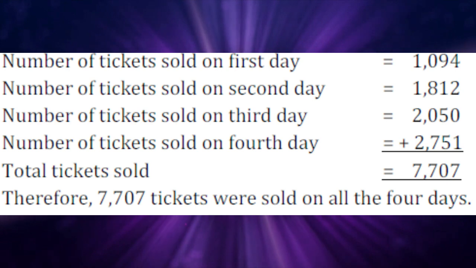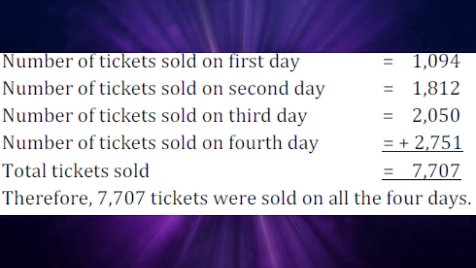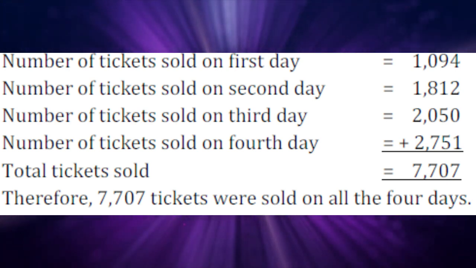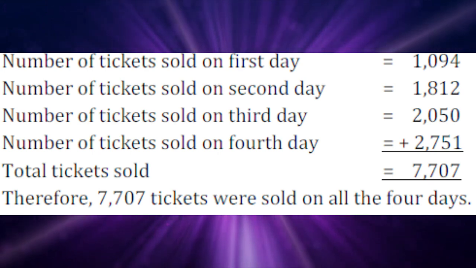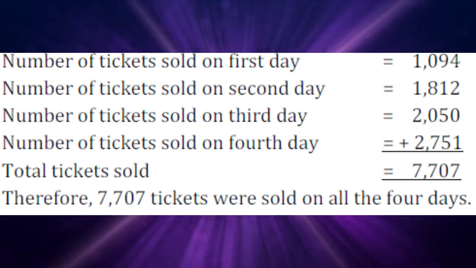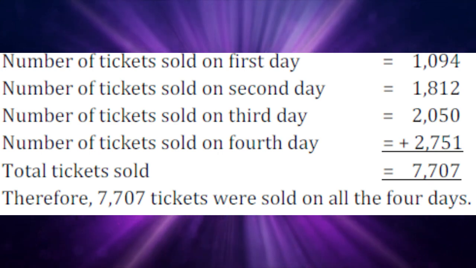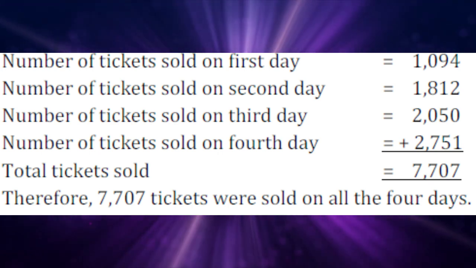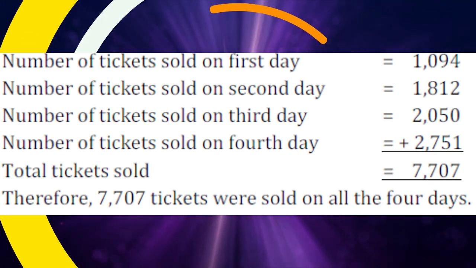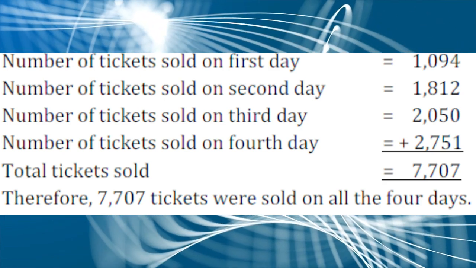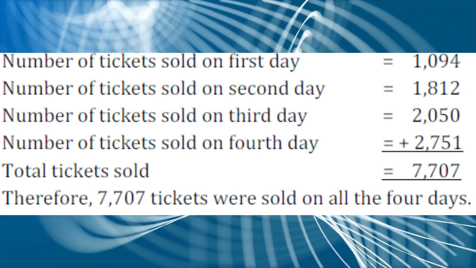Number of tickets sold on third day is 2050. Number of tickets sold on fourth day is 2751. And what is the answer statement? It is total tickets sold.